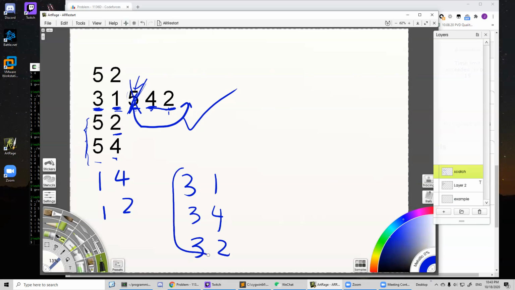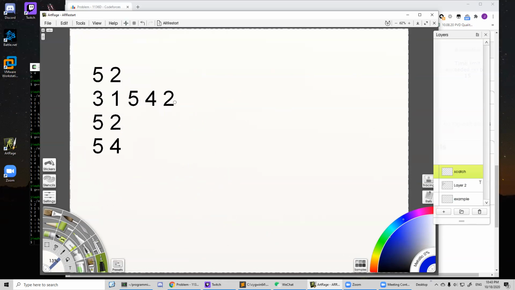If all those 3 pairs are in the given pairs, we can move this digit to this place, and to this place, and to this place, right? But the answer is no, because not all of the pairs are in the given pairs, right? So that's how we solve this problem.